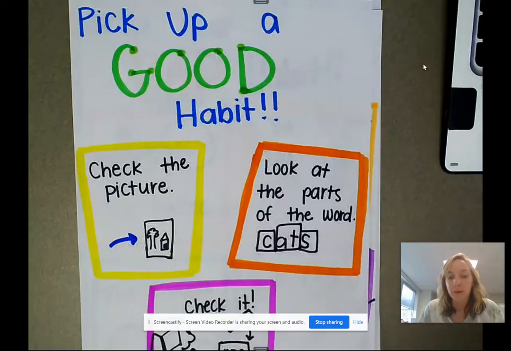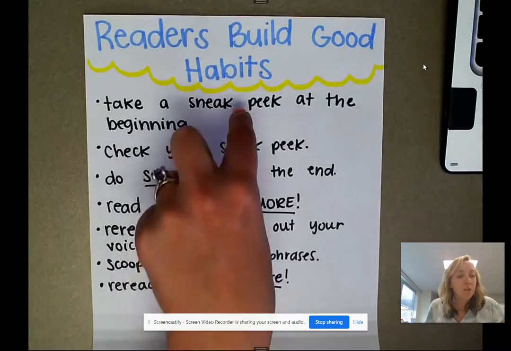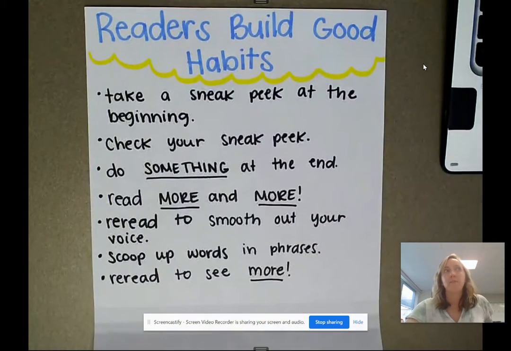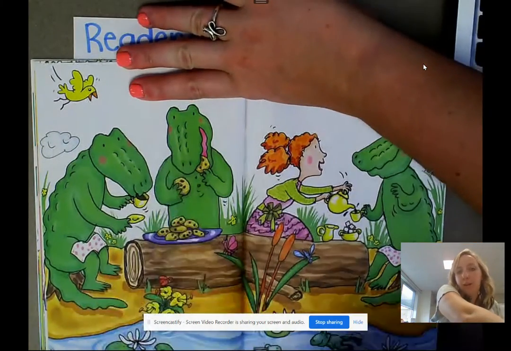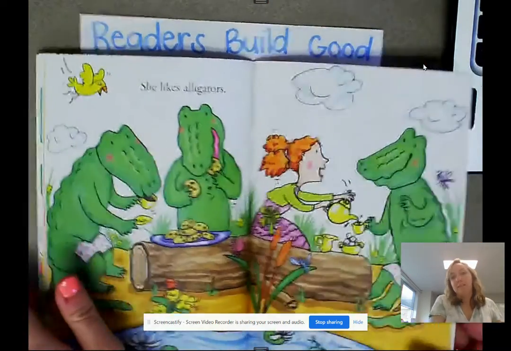So like your sneak peek, we go back to the first chart, your good habits. The first thing you are always going to do is take a sneak peek. So before I even read the word alligators, I should have known that it was an alligator or some kind of crocodile. So that could have helped me when I go back to read that sentence.